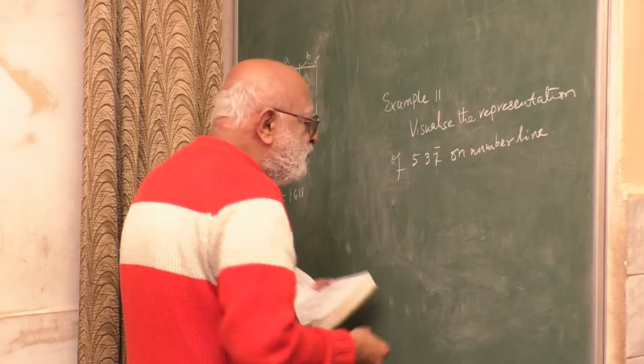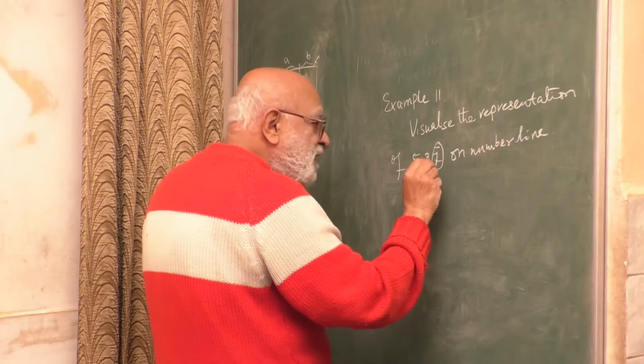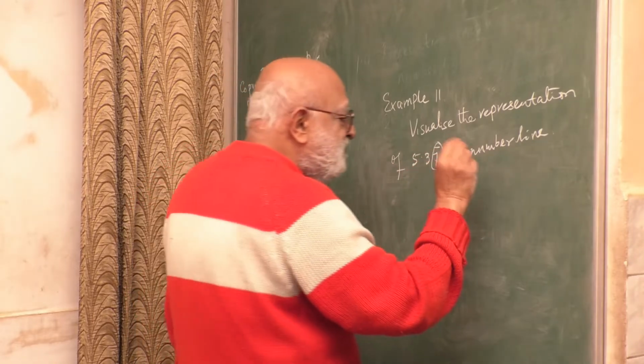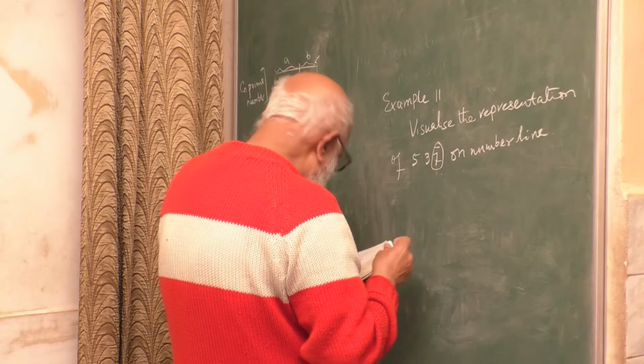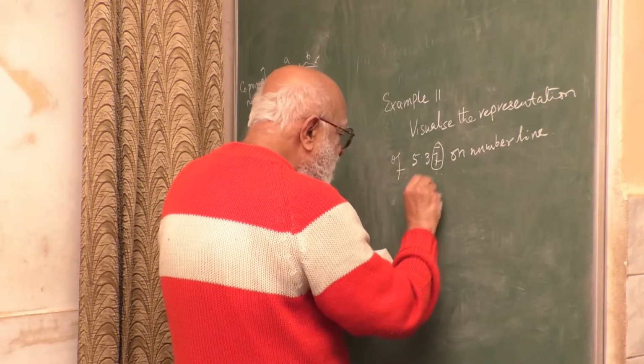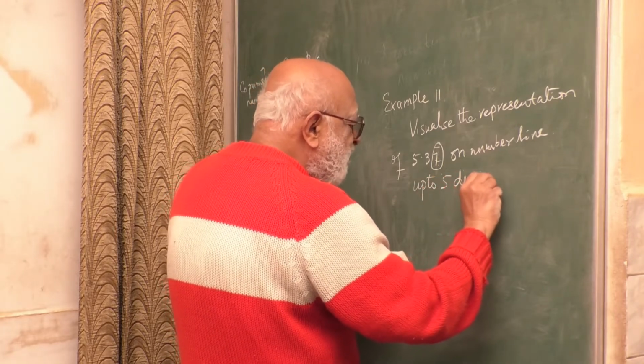Now as soon as you see this, that means it keeps on repeating. So you need to decide how many places you have to go after the decimal point. So he says up to 5 decimal places. This is important.